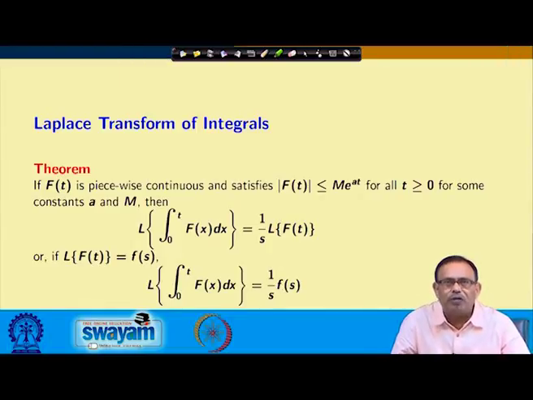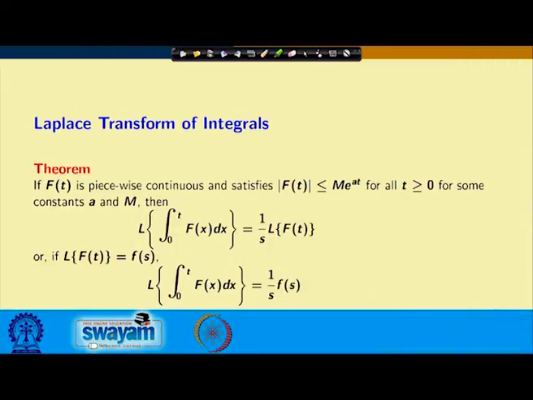If f(t) is piecewise continuous and satisfies the absolute value of f(t) less than or equal to M e^(at), or in other words, f(t) is of exponential order a for t approaching infinity for some constants a and M, then the Laplace transform of the integral from 0 to t of f(x) dx equals 1/s times the Laplace transform of f(t). So, the Laplace transform of the integral of the function equals 1/s times the Laplace transform of f(t).